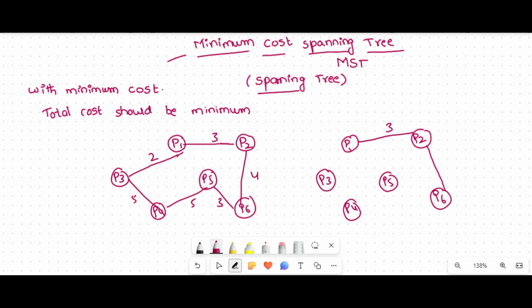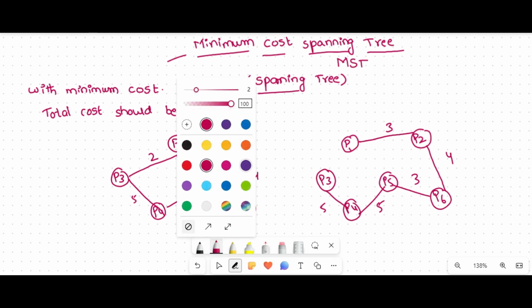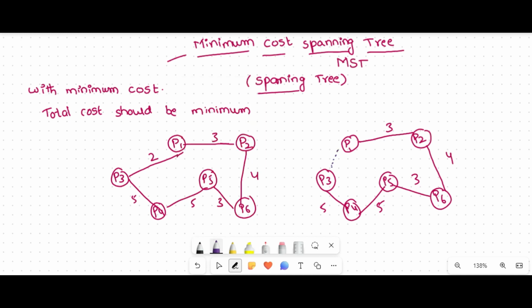The weight, as I mentioned in the previous video, means the distance or time to travel from one place to another. So the weights are 4, 3, 5, 5, 2. If I represent it this way, it forms a cycle, which is not a spanning tree; this one is a spanning tree.